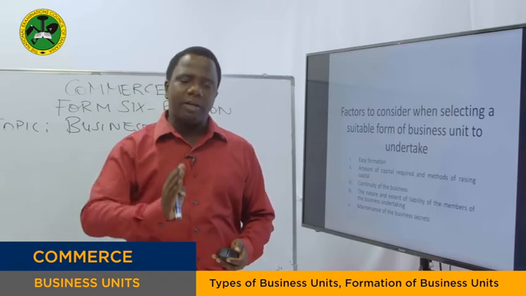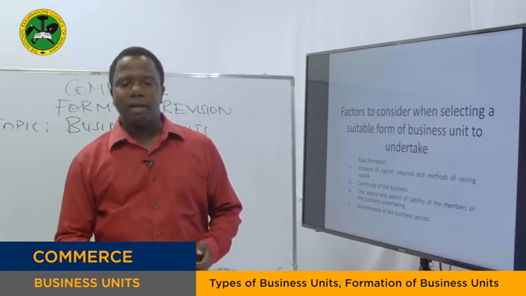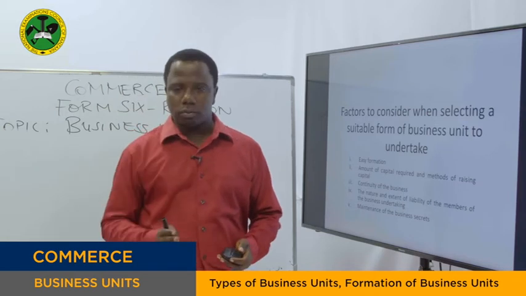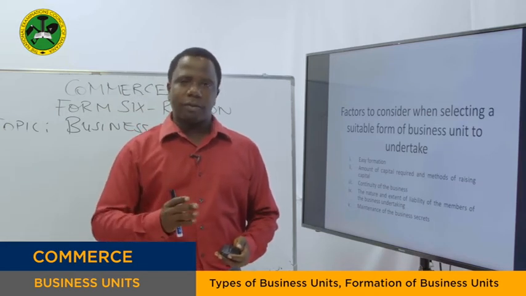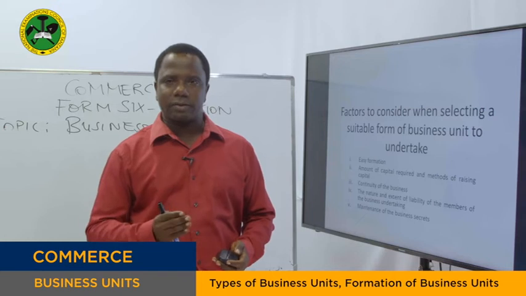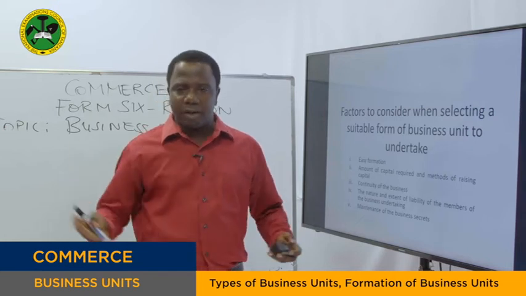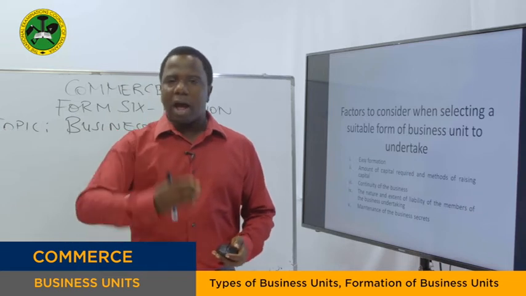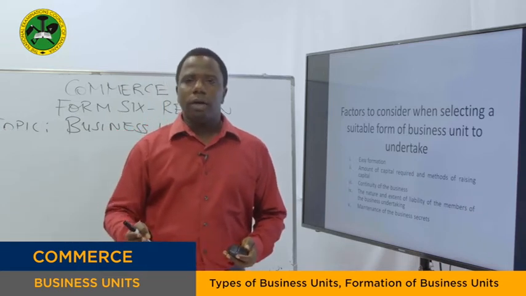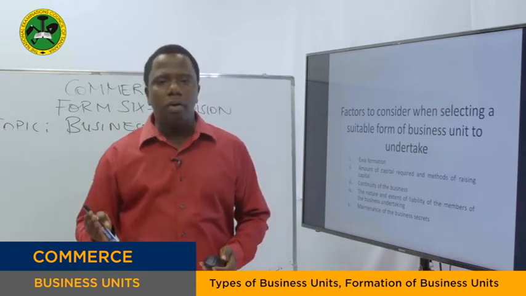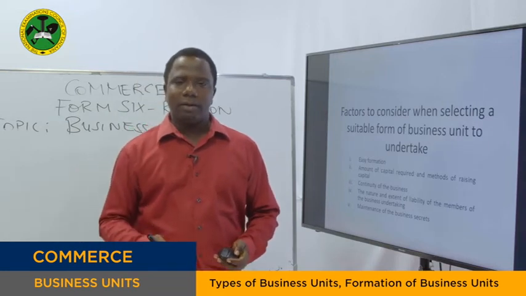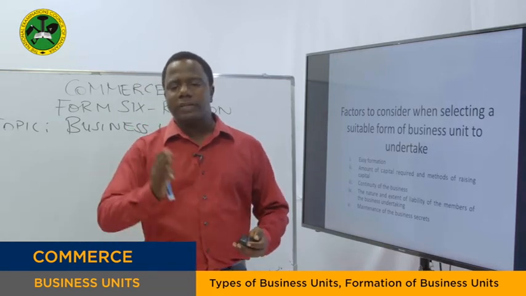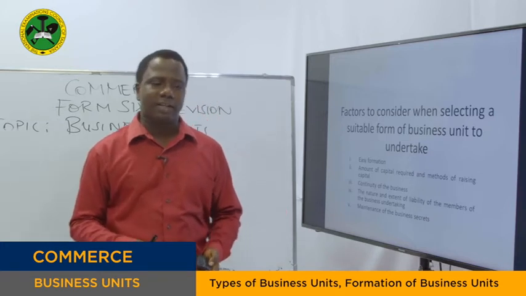But in a company, especially public companies, they are required by law to publish their financial statements. So under these companies, there is no secret. Your assets will be known, your liability will be known by the public. So before you choose or select, you must consider that factor.